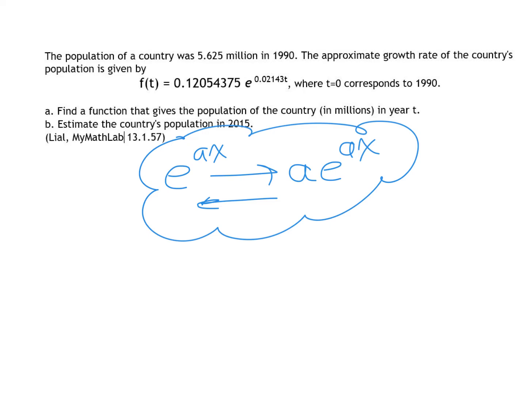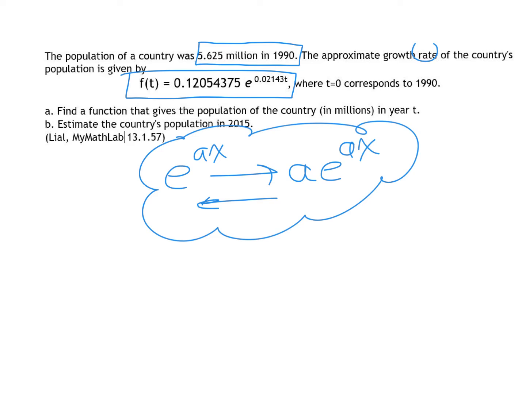So we have this question. It's the population of a country. It was 5.625 million in 1990. Okay, so that gives us a kind of a baseline, or that point we need. It says the approximate growth rate of the country's population is given by this function.